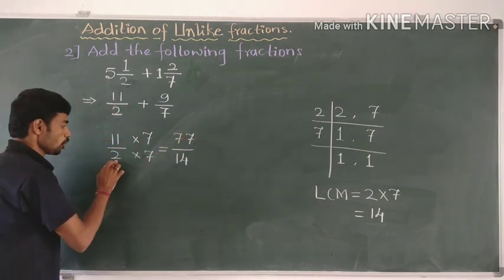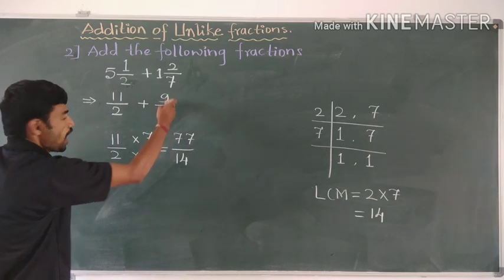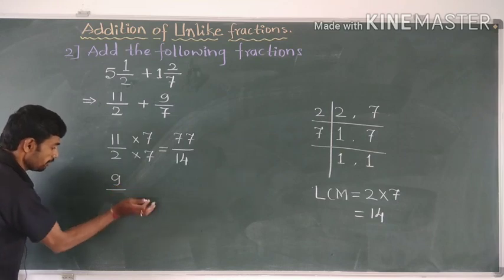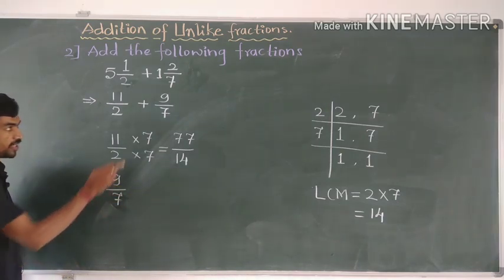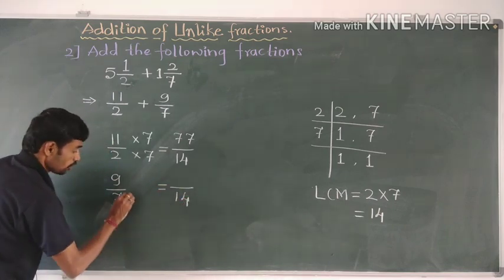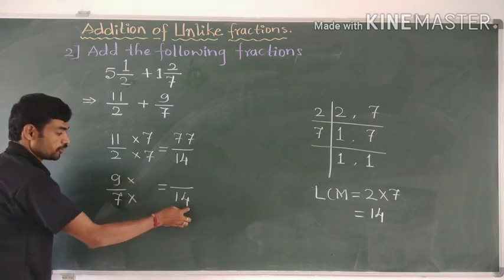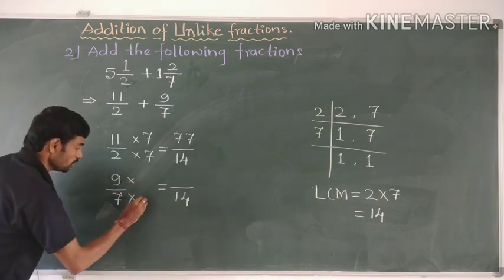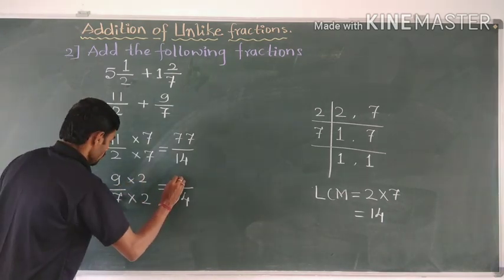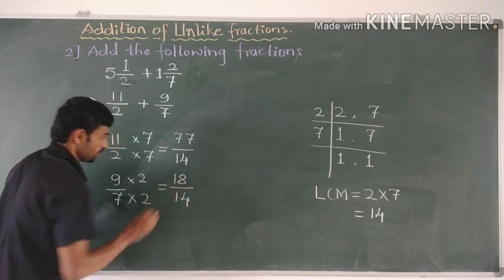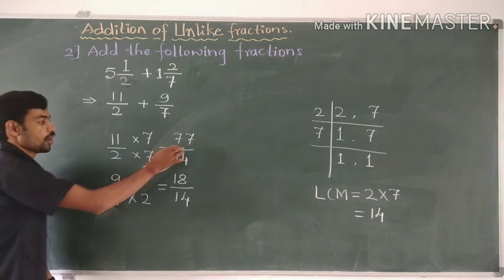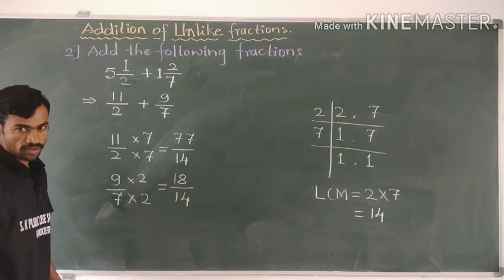Next, the other fraction is 9 by 7. For this, what do you need to multiply to get 14 as the LCM? 7 twos are 14. 9 twos are 18. These two unlike fractions we have converted into like fractions.